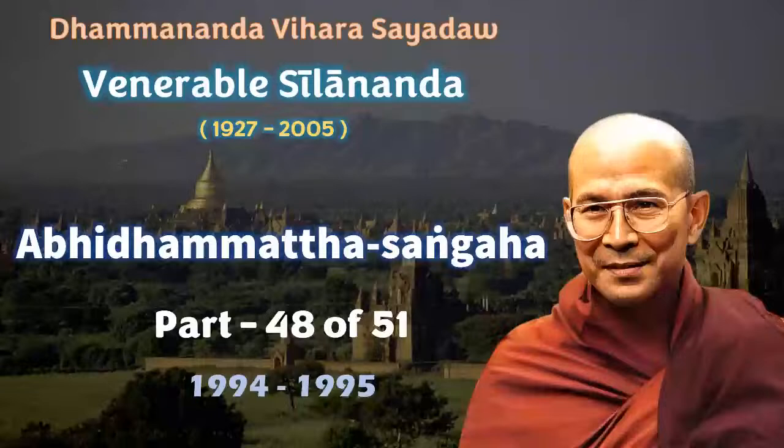That's a good article, and maybe easier to understand than the Visuddhimagga itself, because the Visuddhimagga is very detailed and very wide. So this may be a good article to read.